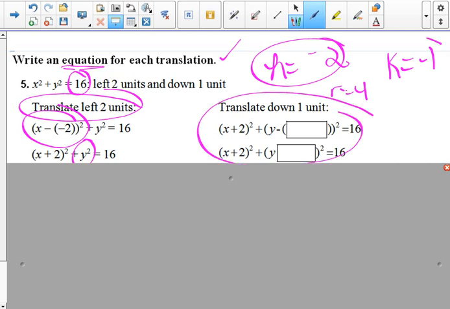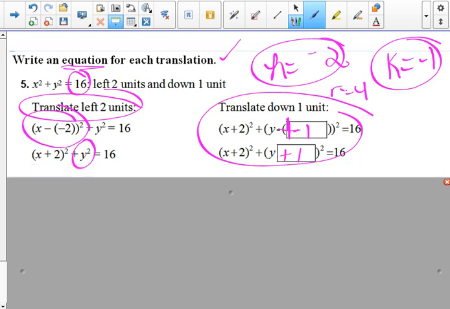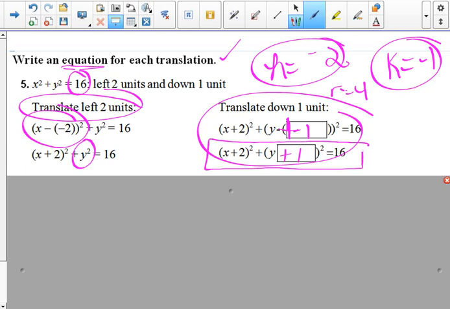So it's y minus k, which is -1, and so a minus goes to plus 1. So there it is. Your final equation is x plus 2 squared plus y plus 1 squared equals 16. Okay?